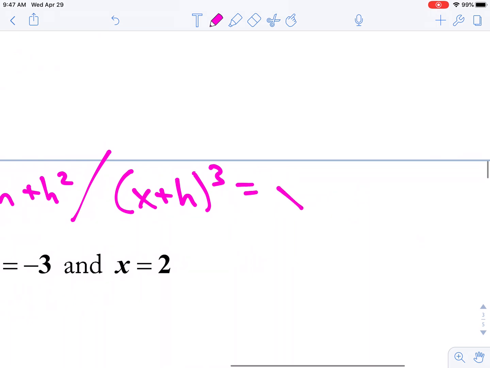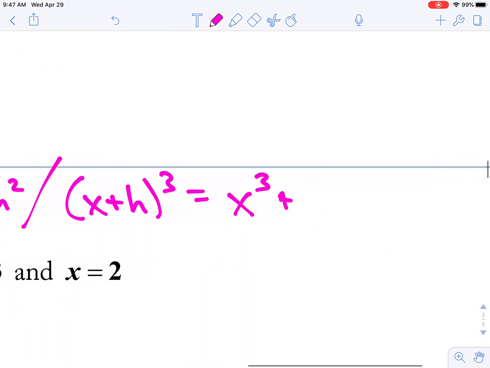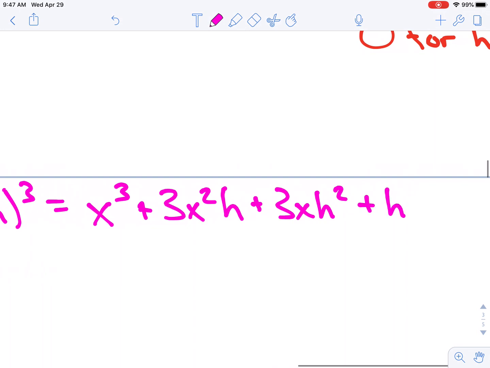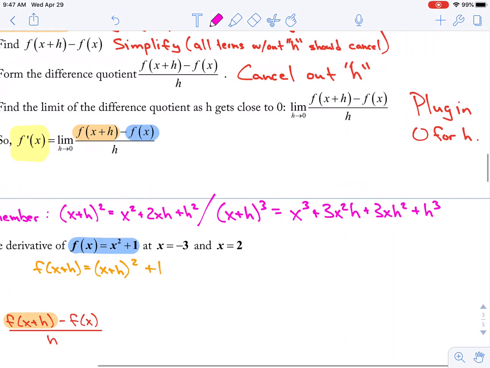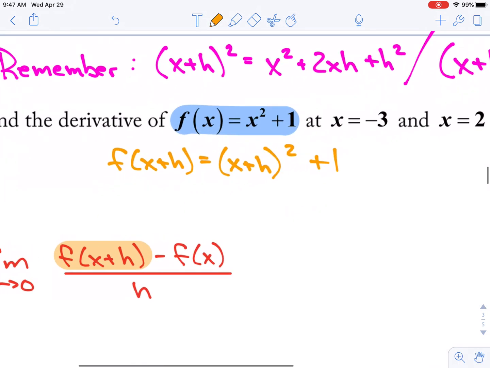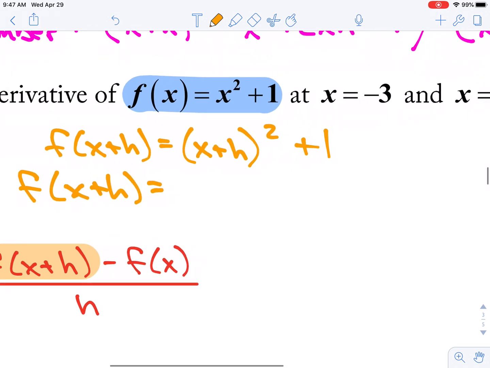That equals x cubed plus 3x squared h plus 3x h squared plus h cubed. That really just comes from doing algebra if we were to distribute over and over again. So looking at what we just remembered, f of x plus h will equal, well, x plus h quantity squared, which we said was x squared plus 2xh plus h squared.